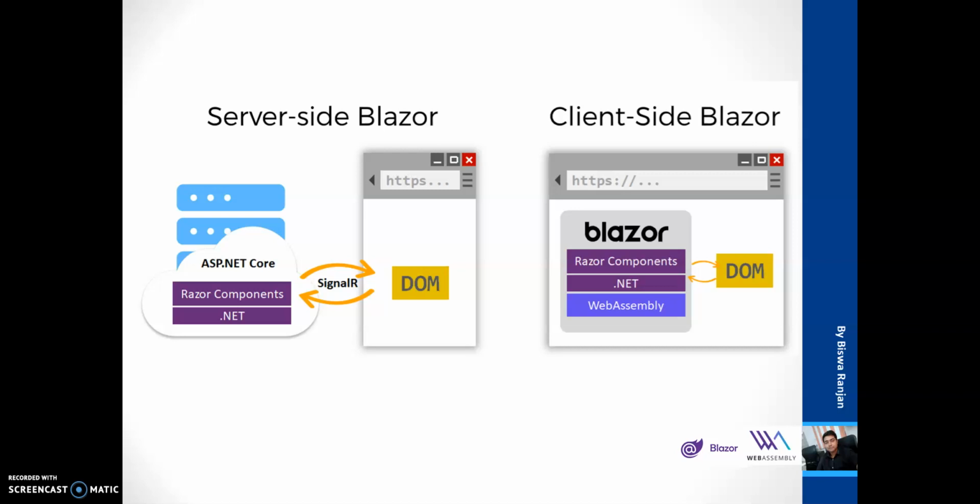So Blazor is of two types: one is server-side Blazor, one is client-side Blazor. In server-side Blazor, .NET components, Razor components, ASP.NET components are connected to the server using a SignalR connection. But in the case of client-side Blazor, everything is on the client side. Once you open the browser and hit the URI, everything will download to your browser, and it will run from there.